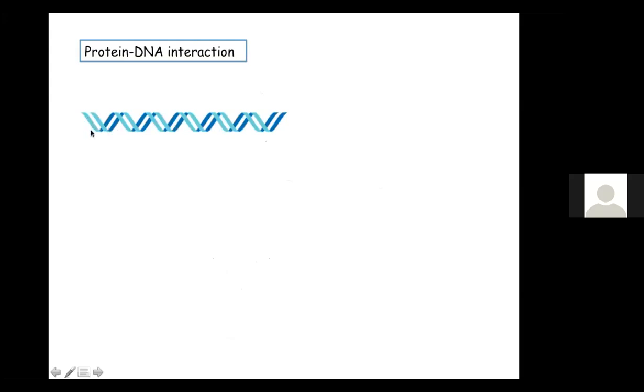So these are two intertwined helices of DNA. And nowadays everybody talks about the gene and DNA and disease and phenotype, genotype. All these words are just floating around us, especially in this time of COVID.